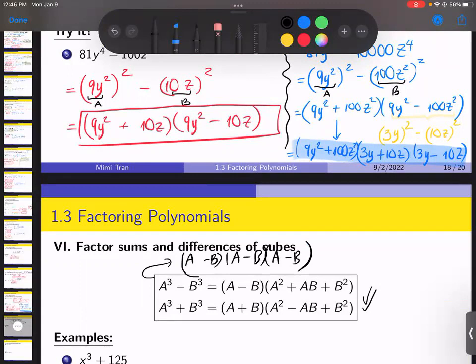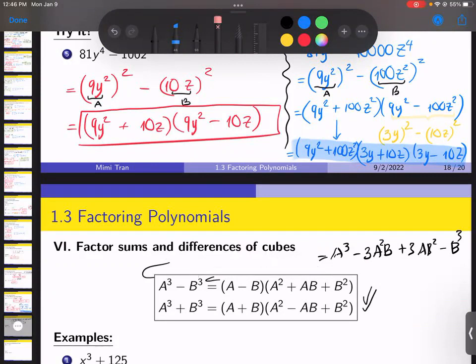Because if you expand this, you're going to have a cubed minus 3a squared b plus 3ab squared minus b cubed, which is nothing like a cubed minus b cubed. So don't do that. It's not this.